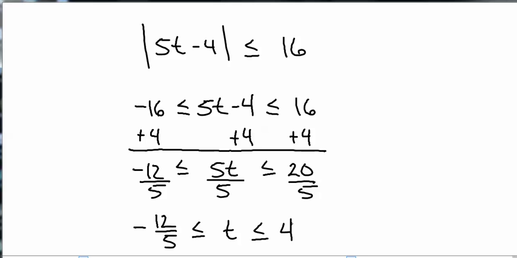Clear? They're going to tell you to graph all of these. What if the problem looks like this? Which way is this pointing? It's pointing to the left. It's a less than problem, isn't it? But where's the absolute value symbol?